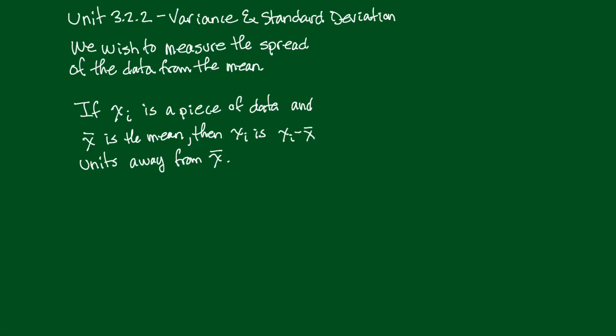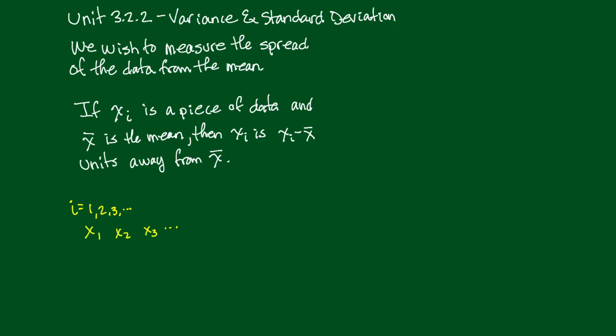Before we go on, let's be sure we understand what this is. X sub i, remember those subscripts are just names. Maybe i could be 1 or 2 or 3, whatever number. So x sub i might be x sub 1 or x sub 2, x sub 3.